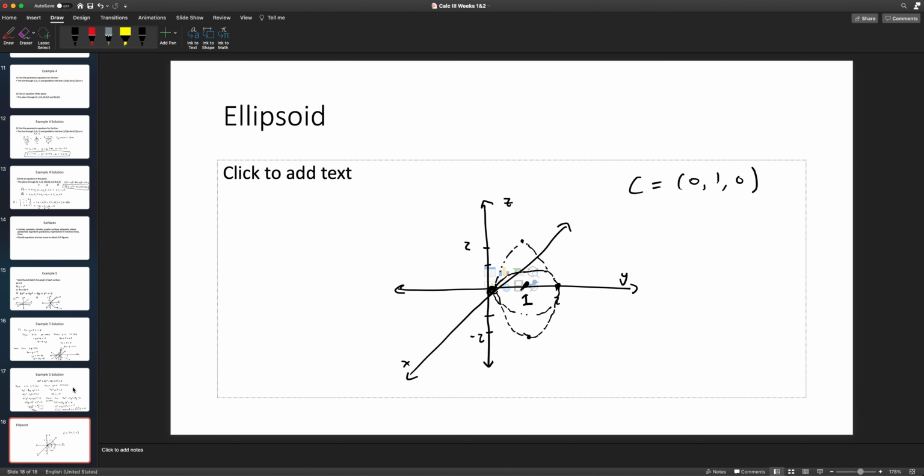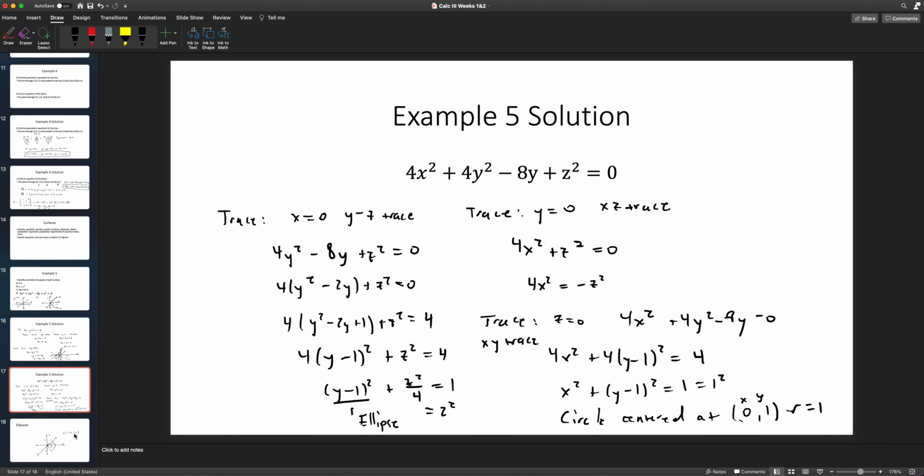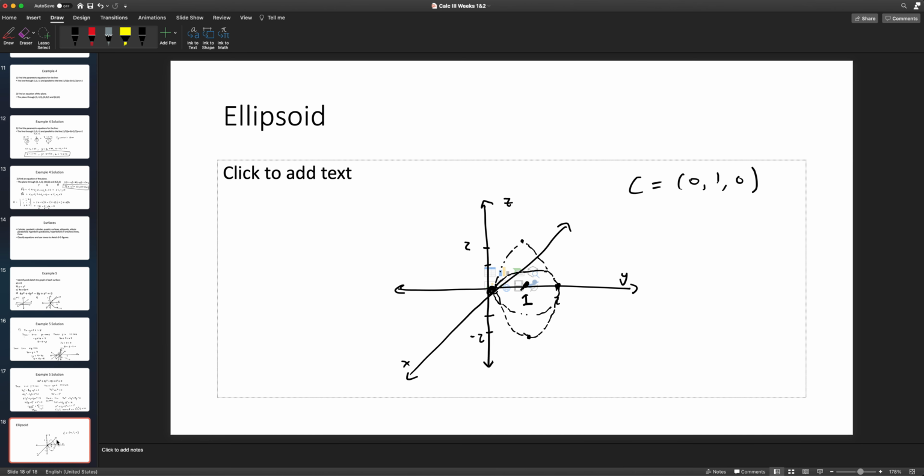And the final trace that we had was the XZ trace, which is not as telling really as the other traces, because we just have the relationship x squared is equal to negative z squared.